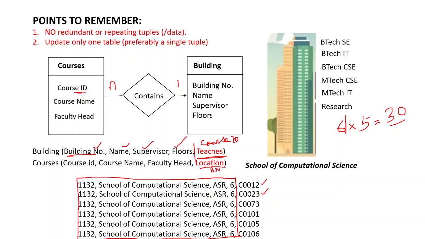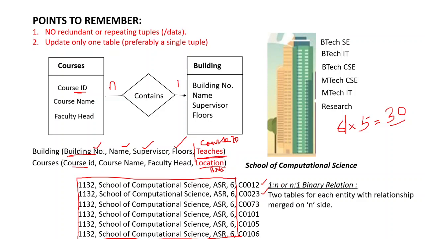Since each course can be mapped to only one building, you do not have to introduce an extra tuple. Your course ID can be the primary key and you don't have to include the location in your primary key. You are just adding an extra column to your table. Your table remains the same, and there is no extra information being added.